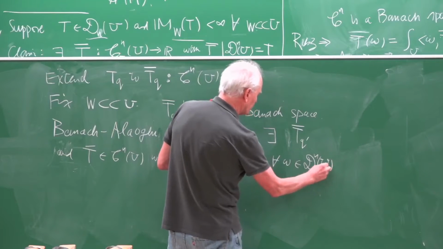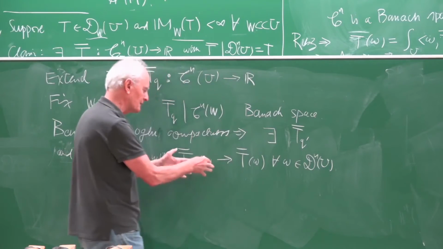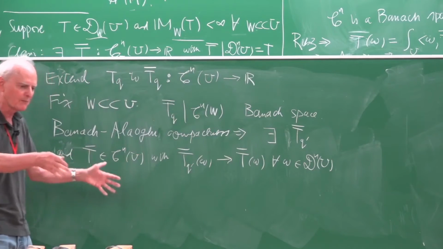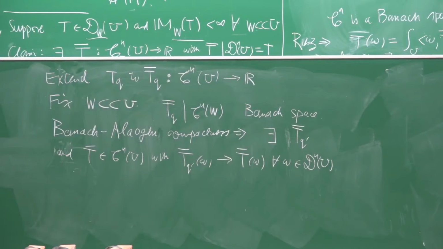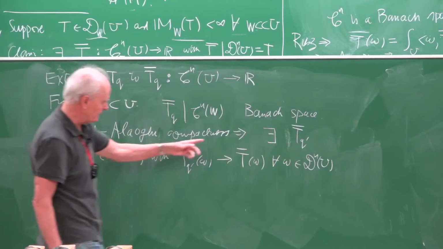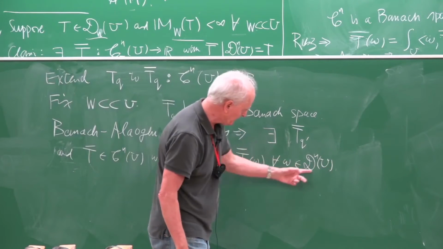And as I said, you really do this for a fixed W first and then take an increasing sequence of W's in order to get a limit functional on the whole space, D^n(U).